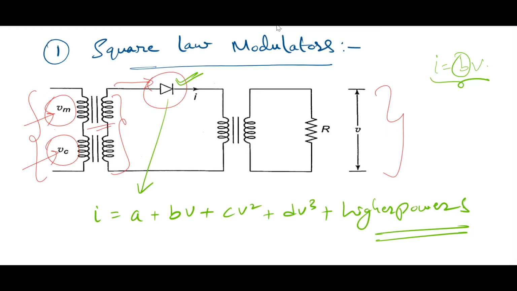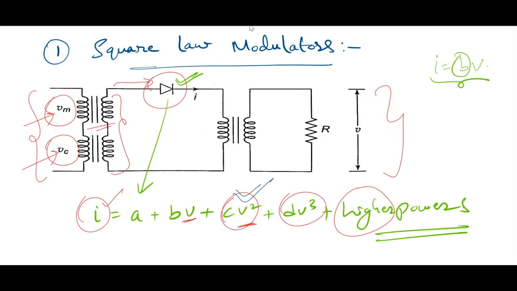Alternatively, for nonlinear devices, the current is proportional to voltage and to their higher powers like squares, cubes, V to the power 4, V to the power 5, and it goes on like this. And we must know that this square term is large enough to be taken into consideration.